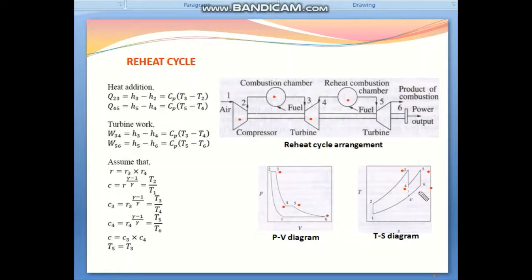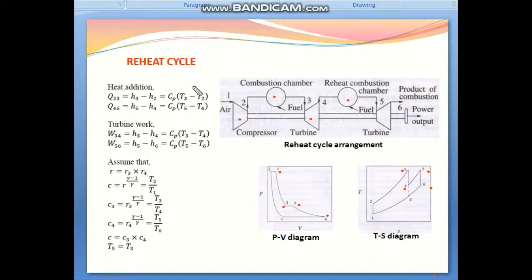So let's see how to derive the efficiency of a reheat cycle. First of all, in the reheat cycle, the heat addition takes place in two ways. That is 2 to 3, in the first combustion chamber, that is H3 minus H2.